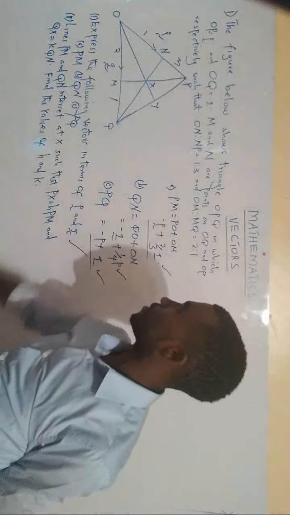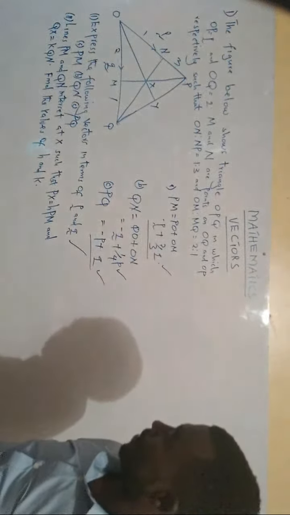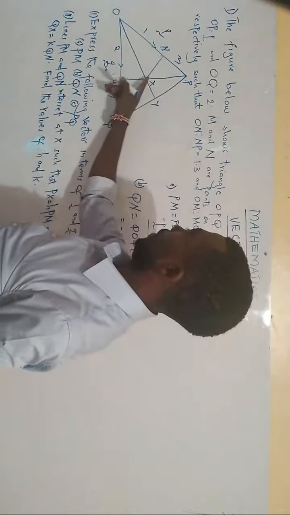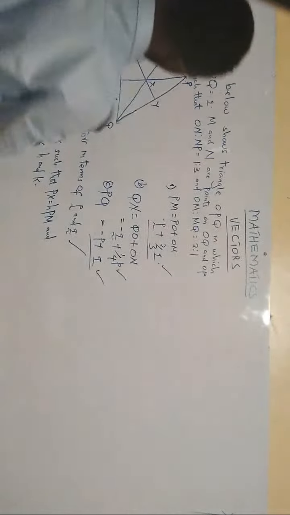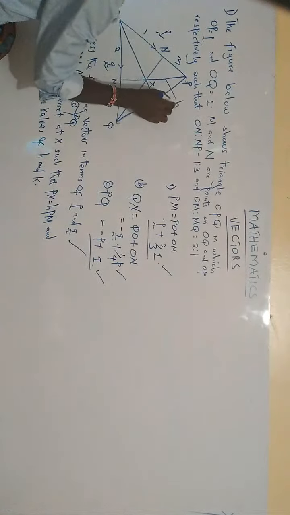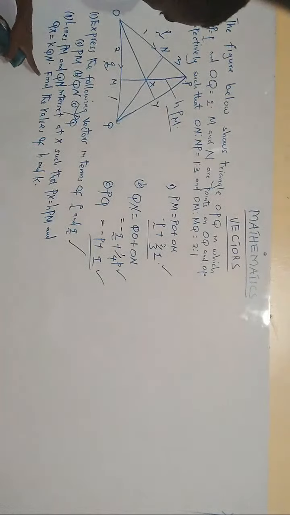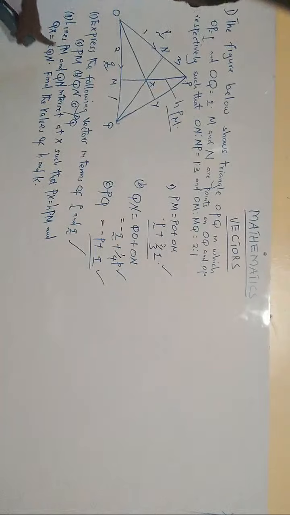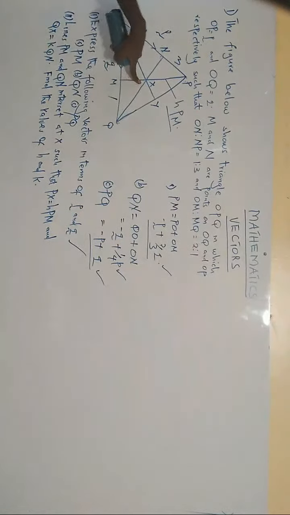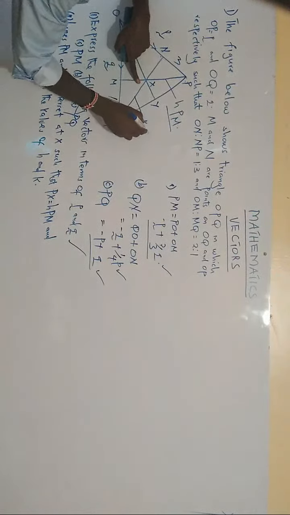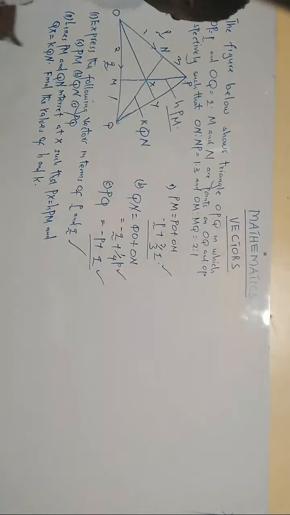For part 1. Part 2, lines PM and QN intersect at X, such that PX is equal to H times PM, and QX is given as K times QN.